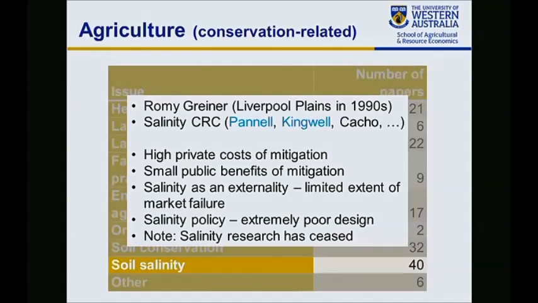Salinity, I think one of the issues with salinity specifically is it's an extremely difficult problem to mitigate, and with the resources that were available, if they were being spent on land use change, on compensating farmers for public benefits that they generated from land use change, the opportunity cost was so large that we would have needed to focus that quite tightly, and the actual benefits that could have been generated were fairly modest.